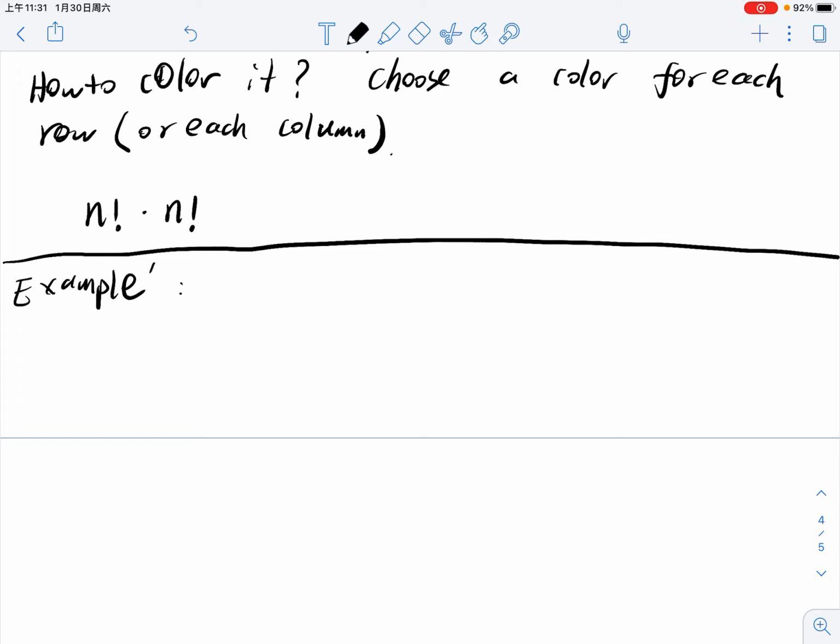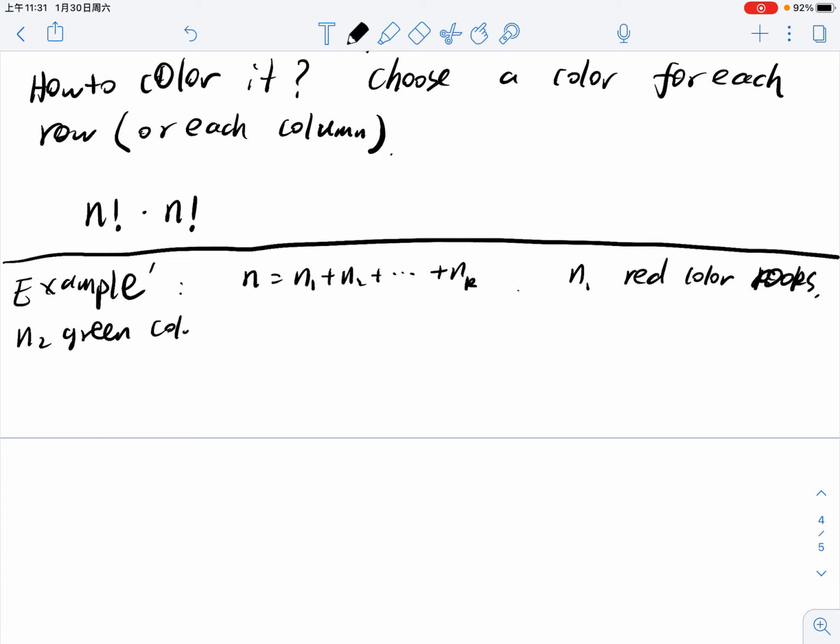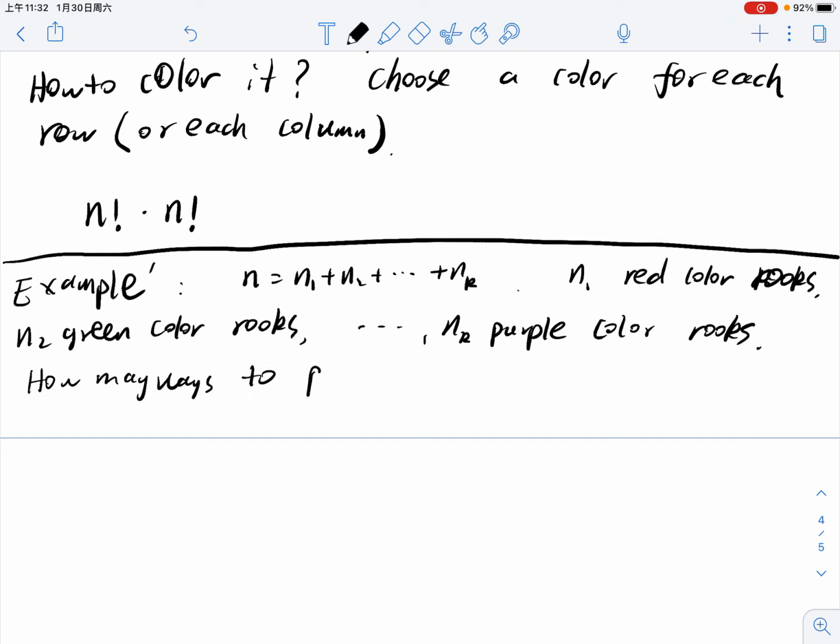suppose n is n1 plus n2 plus all the way to nk, and you have n1 red color rooks, n2 green color rooks, nk, for example, purple color rooks, and how many ways to put them in non-attacking positions.